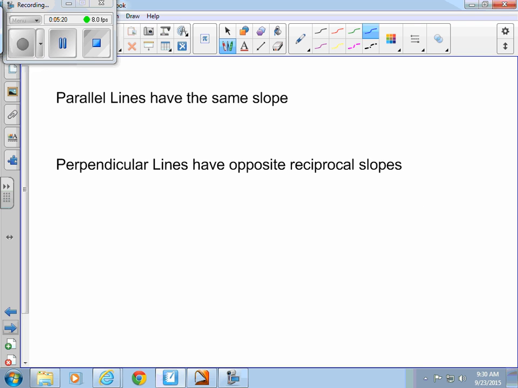You need to know that parallel lines have the same slope and perpendicular lines have opposite and reciprocal slopes. I'm putting the word "and" in between so you'll know to do 2 things. Opposite and reciprocal, you've heard that before, haven't you?